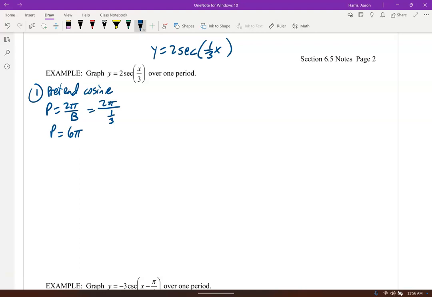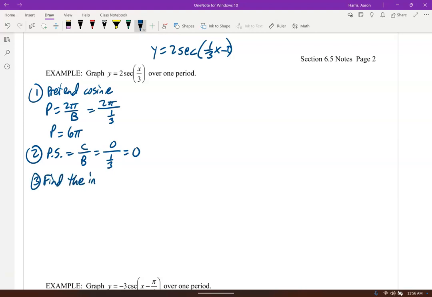And then, again, pretending like this was the cosine function, what would our phase shift be? Our phase shift here is c over b. Well, the c is 0, right? So I got 0 over 1/3, so the phase shift is 0. And so we'll go ahead and start there. And then we'll find the increment.